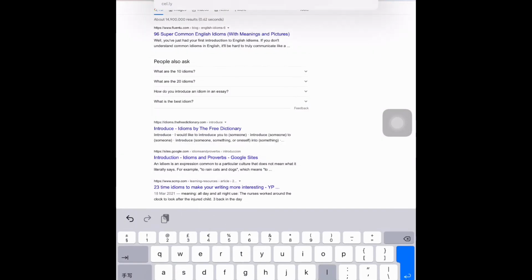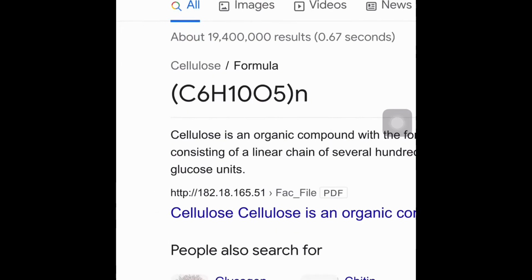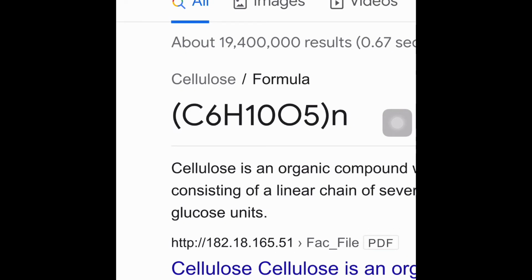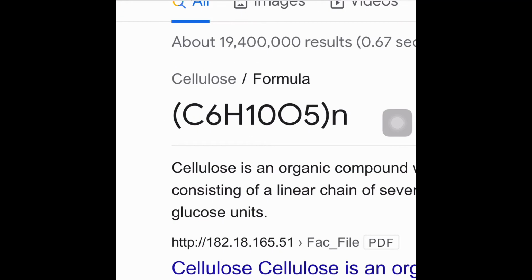Cellulose. Formula. Okay, look at this one. Dalam cellulose ada H, ada C, ada O. Okay, ada H, ada C, ada O. Jadi, you understand already kan?